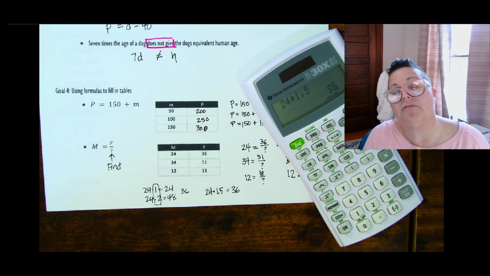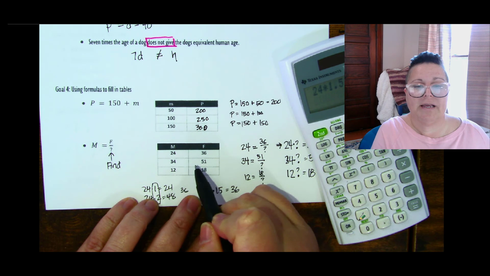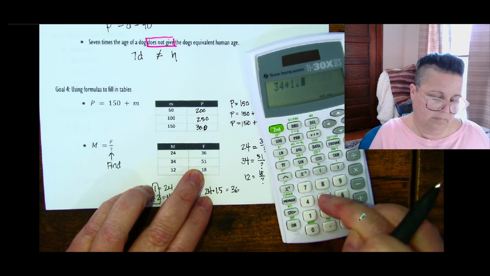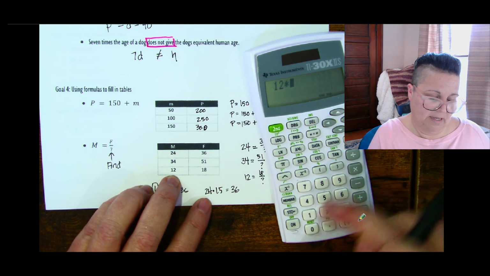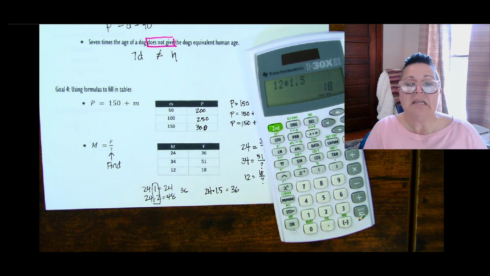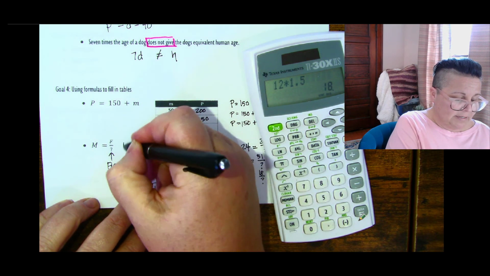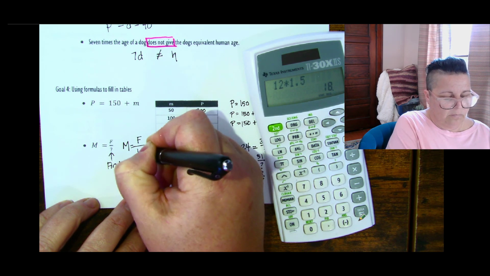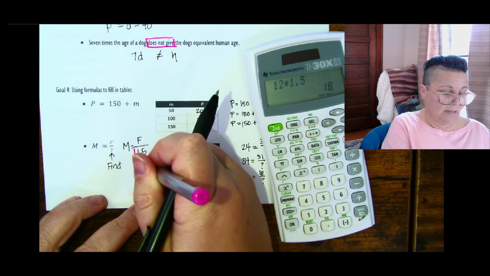Now, if 1.5 is the right answer, then 34 times 1.5 should be 51, and 12 times the 1.5 should be 18. Since it works for all three, I know that this formula was meant to be M is equal to F over 1.5. And I can answer that question as to what's missing from the formula.